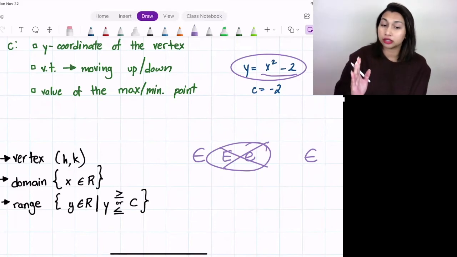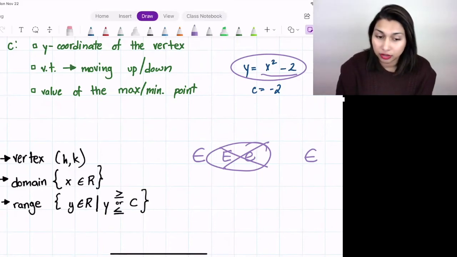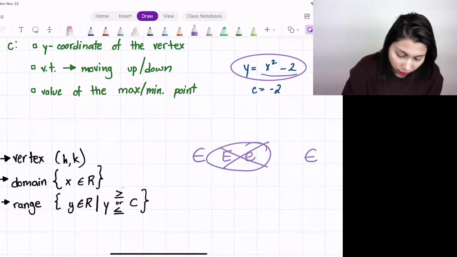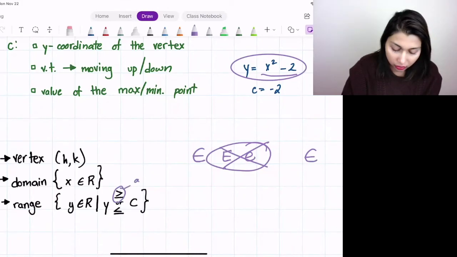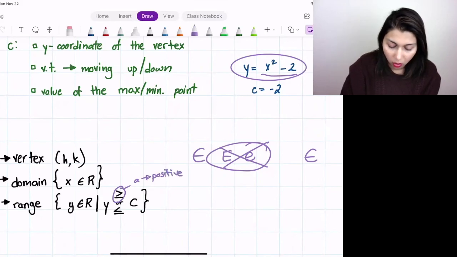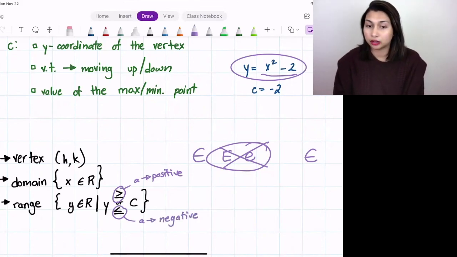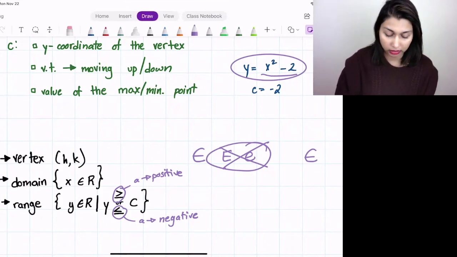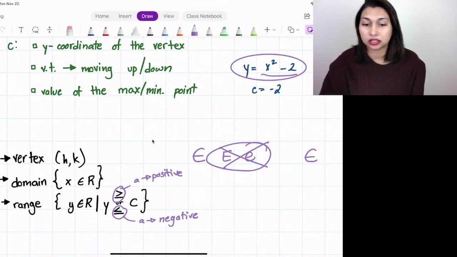The bar you see there is the exception where y is either greater than or equal to, which we use if the a value is positive, or less than or equal to, which we use if the a value is negative. And it will be whatever the k value is, because the k value tells us the maximum or the minimum point. So I hope you understood this quick little transformation slide.